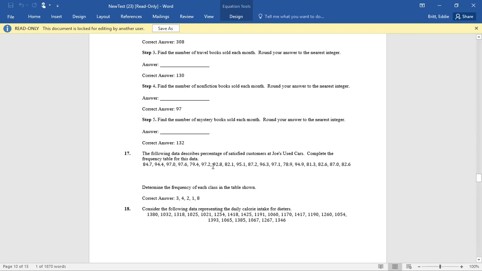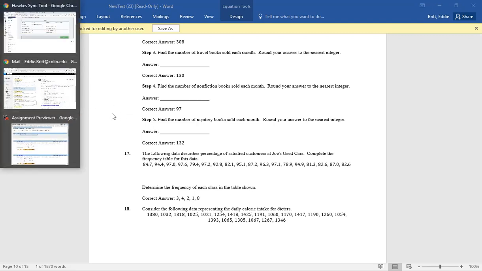All right. The following data describes the percentage of satisfied customers at Joe's Used Cars. Complete the frequency table for this data. Determine the frequency of each class in the table shown. Do you see a table shown? I do not.